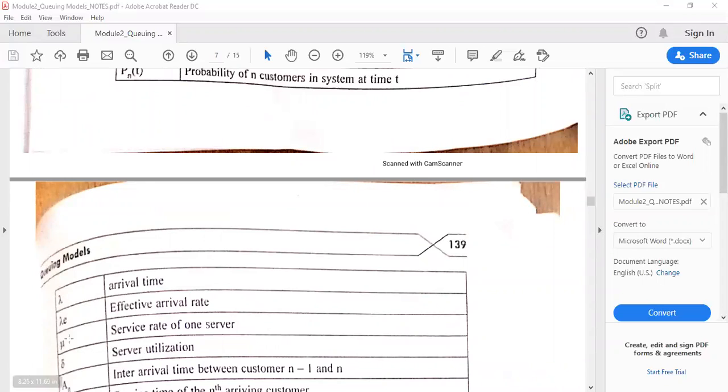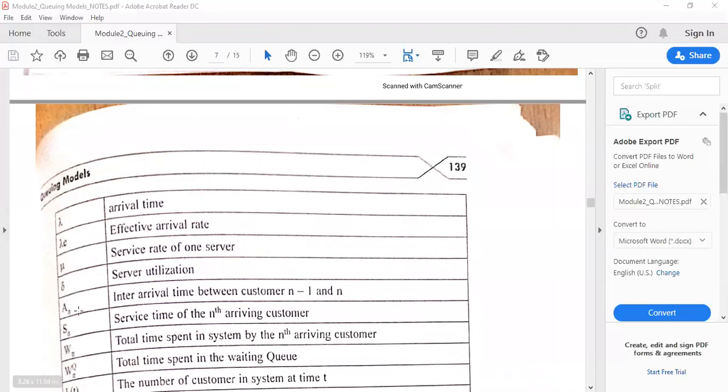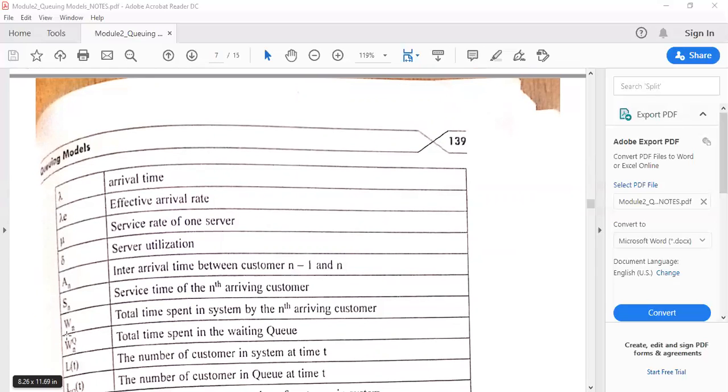Lambda is the arrival rate, lambda e is the effective arrival rate, mu is the service rate of one server, delta is server utilization, capital An is the inter-arrival time between customer n minus 1 and n, Sn is the service time of the nth arriving customer, Wn is the total time spent in the system by the nth arriving customer, right? So Wnq is the total time spent in the waiting queue by the nth customer.